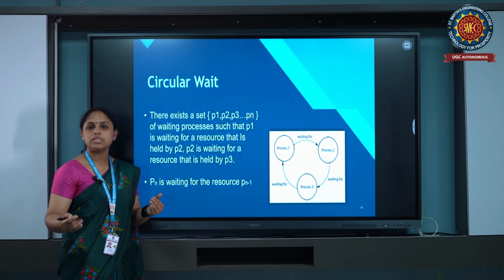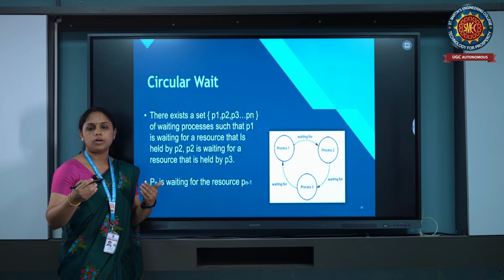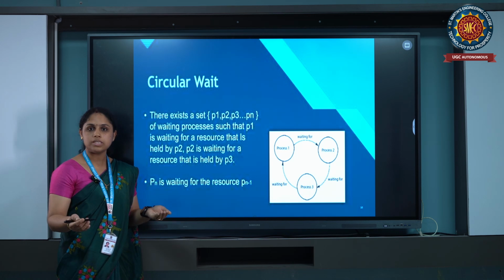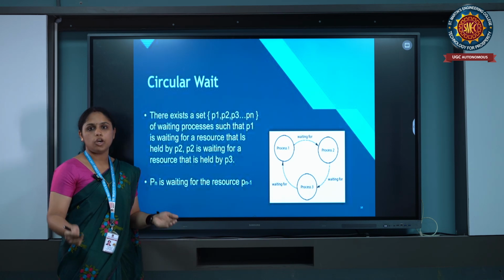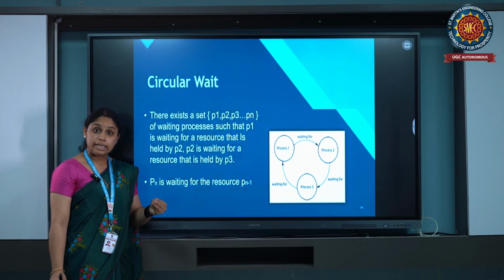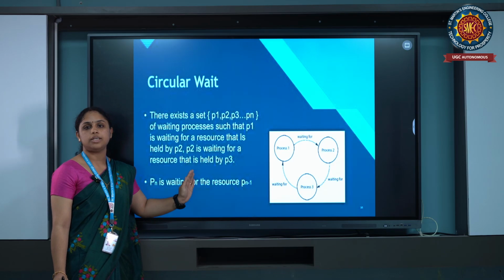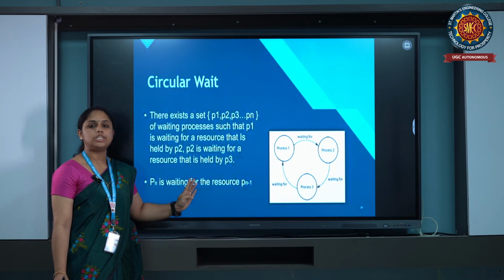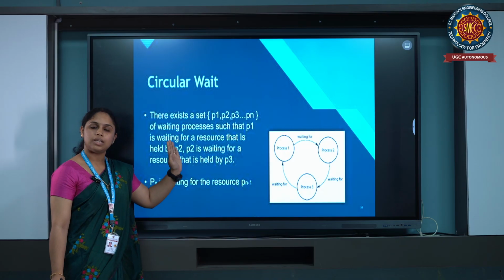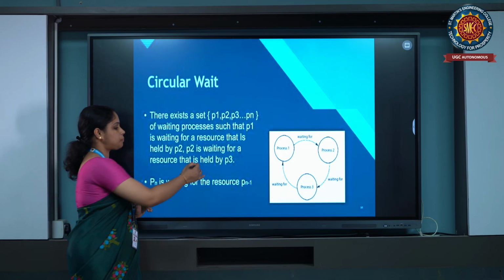Then there is no possibility of deadlock. The meaning is that if at least one condition is not there, the system will not go into a deadlock situation. All four conditions should be there to become a deadlock situation. So this is about the necessary conditions of deadlock.